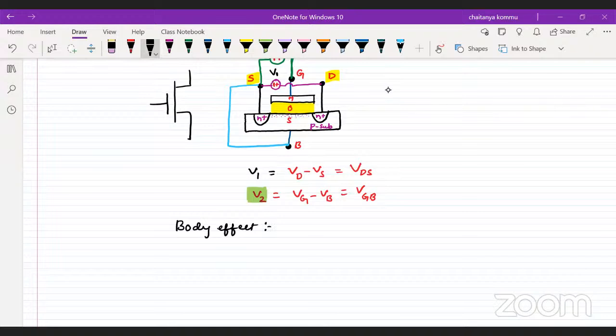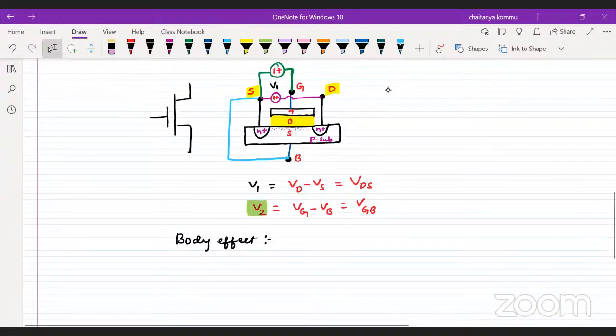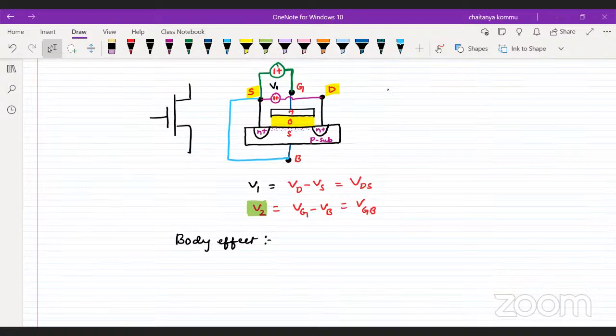So what do you mean by body effect? Why do we need to keep the bulk and source at the same potential? The reason is that we have to avoid the body effect. So that's what we have to remember here.